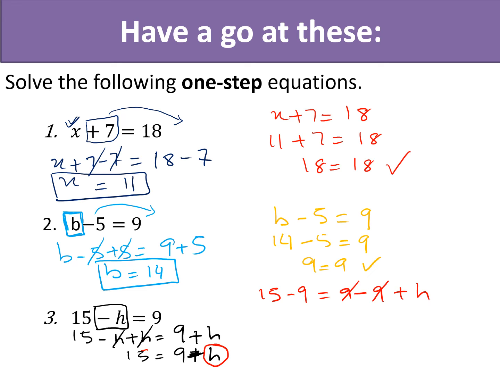This got cancelled. 15 minus 9 is 6. So the value of h is 6. 6 is our answer. We can substitute in the equation and check that our answer is correct. You can do this substitution by yourself.